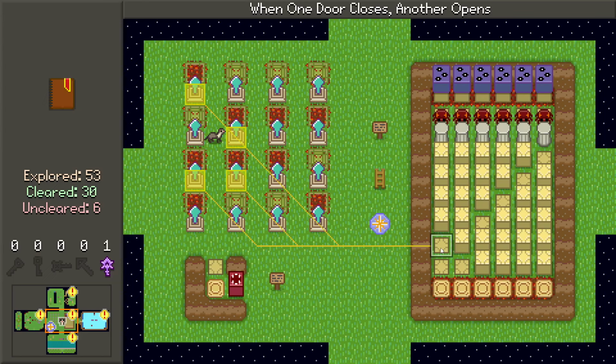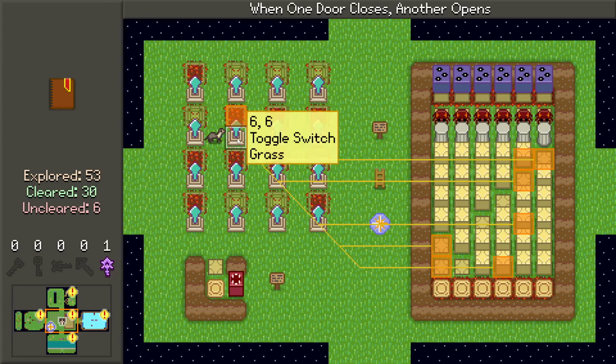However, 1 or 3 of the remaining of these 4 must toggle. This gets both of those at once. Oh, I don't know, that looks pretty appealing. I kind of like 6-6.